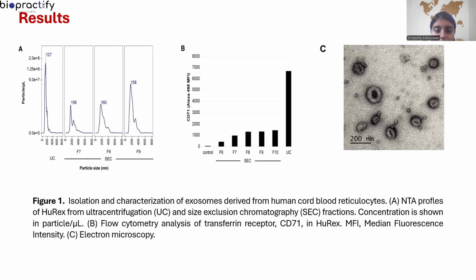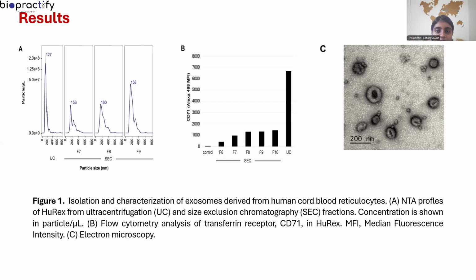In size exclusion chromatography we see lower peaks, meaning the intensity of the CD71 receptor is low, but in ultracentrifugation the intensity is very high, which we call the median fluorescence intensity.